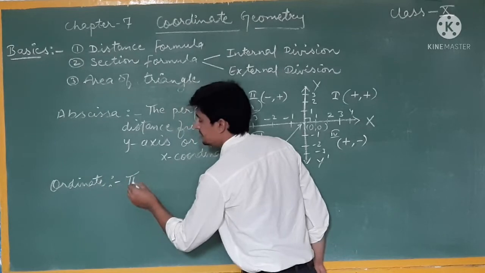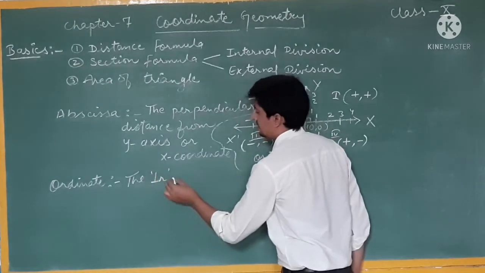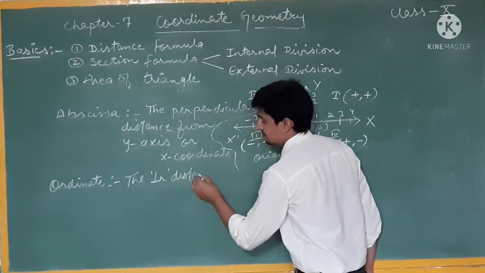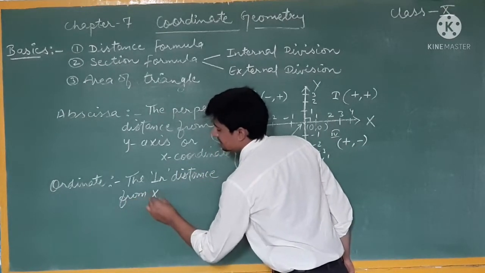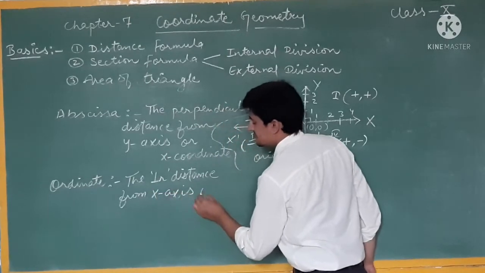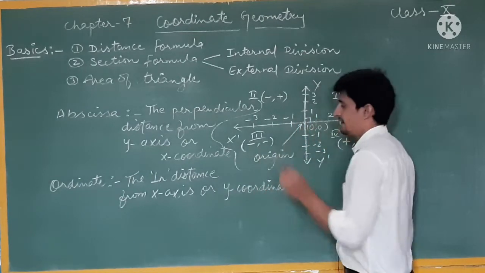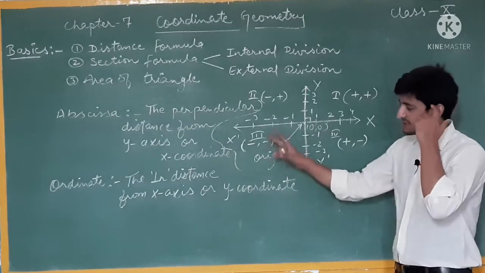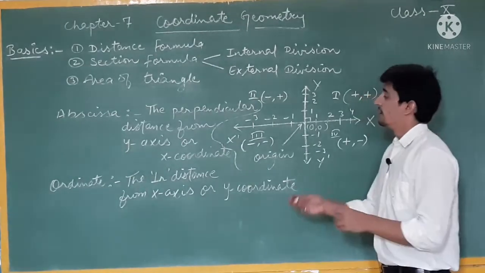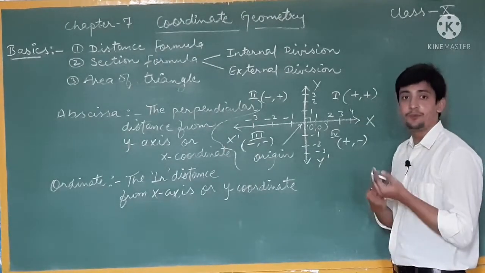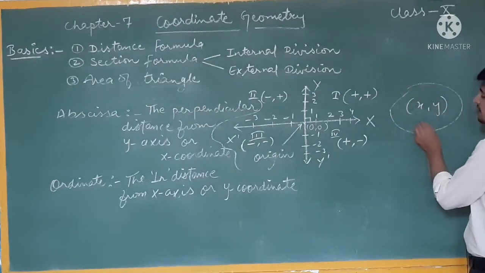It is the perpendicular distance from the x-axis, or we can say the y coordinate. This is some of the basics of coordinate geometry which we studied in the 9th class. The coordinates of any point we can write in the form x comma y.